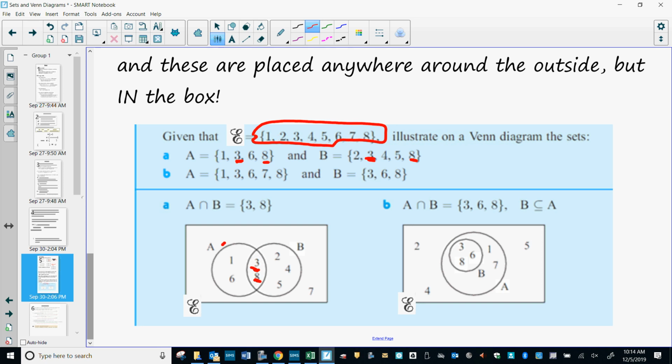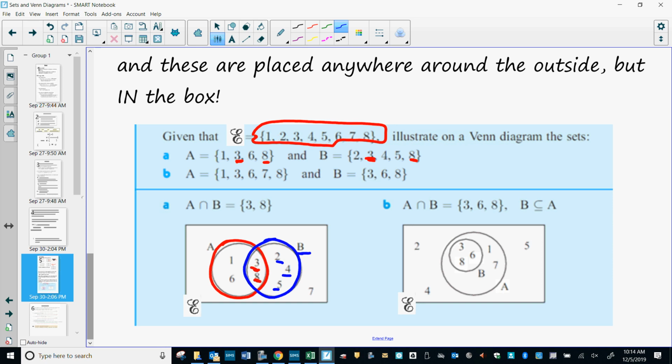That means that set A is represented by 1, 3, 6 and 8. So double check, do you have 1, 3, 6 and 8? For set B, we've already done the 3 and the 8, so we're now missing 2, 4 and 5, so they go in the outside part of B. This circle represents set B, so make sure you've got everything in there. Pretty straightforward?